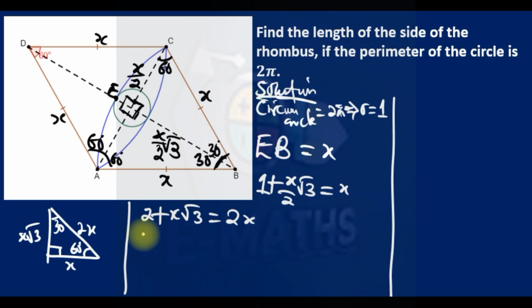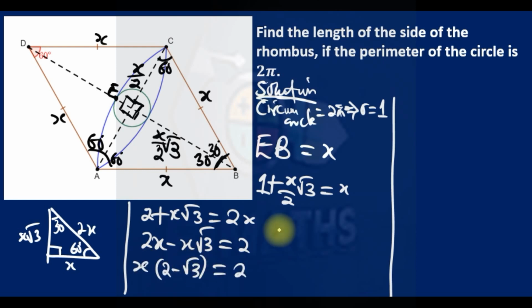So we'll have 2x minus x root 3 is equal to 2. So we'll factor x. So we have x times 2 minus root 3 is equal to 2. Therefore, x is now equal to 2 over 2 minus root 3.